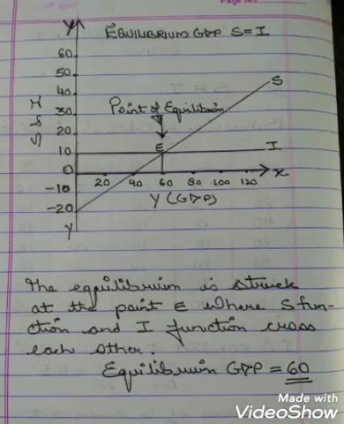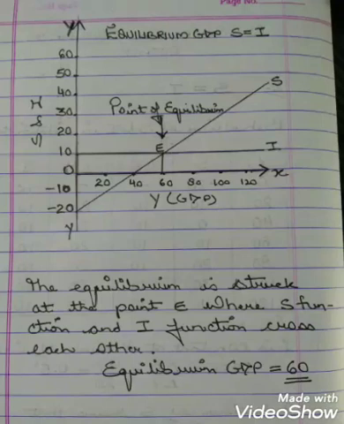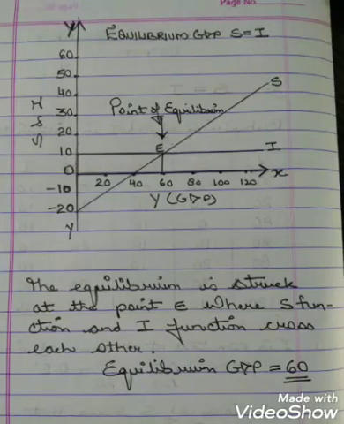Similarly, if S is less than I, aggregate expenditure in the economy would be greater than what is required to buy the planned output. In such a situation there will be higher AD than AS, and the producer would suffer the loss of unfulfilled demand.